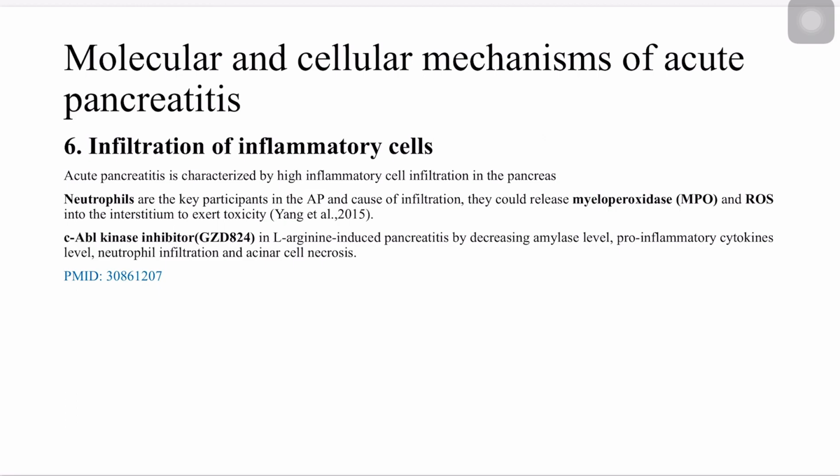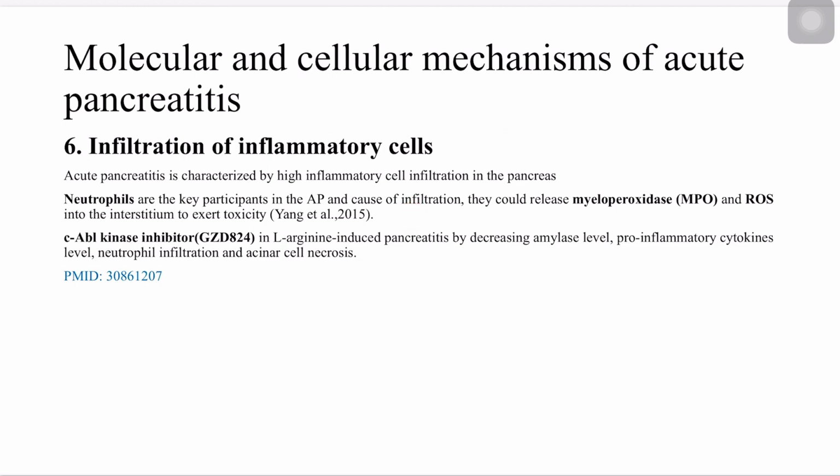And also, inflammation can happen with the infiltration of the inflammatory cells. Acute pancreatitis is characterized by high inflammatory cell infiltration in the pancreas. Usually we can see neutrophils, which are the key participant in acute pancreatitis and cause of infiltration. They could release MPO, myeloperoxidase, and ROS into the interstitium to exert toxicity, and in this case inflammation also increases.